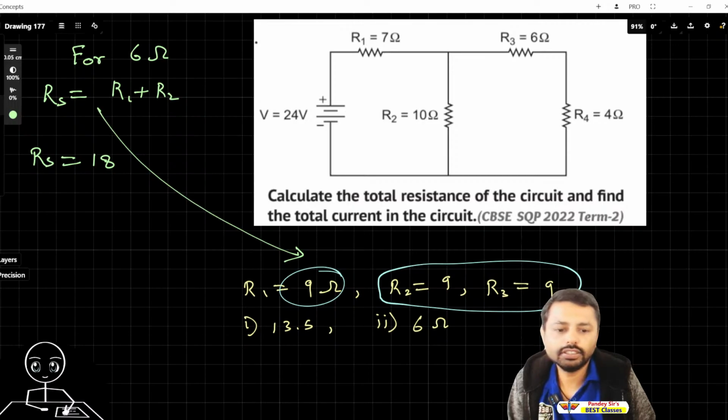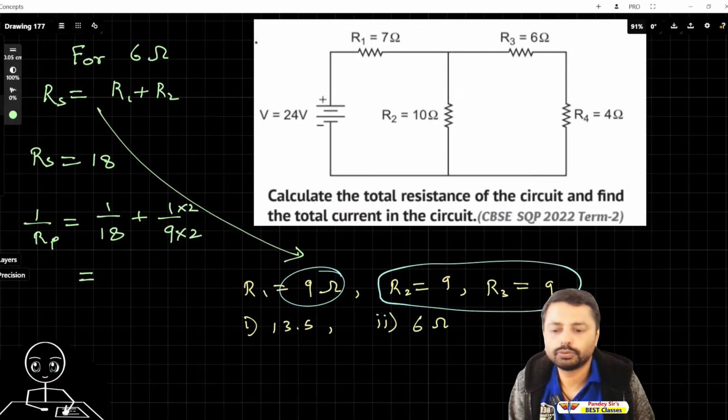Now let's add this and the remaining one in parallel. So 1 by Rp equal to 1 by 18 plus 1 by 9. Let's try that, multiply with 2 and we get 3 by 18.